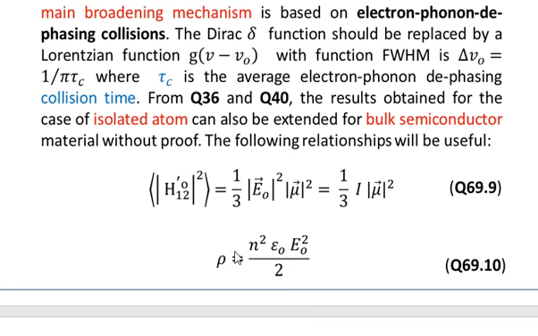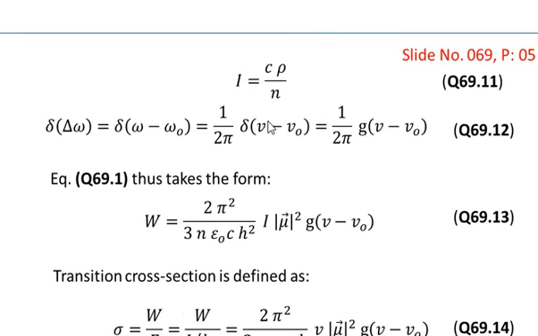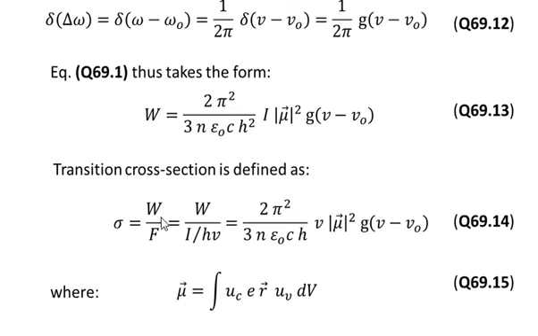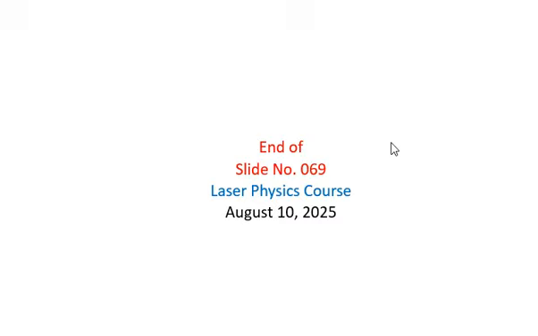And due to these, we have adopted the equations we have mentioned in slide numbers 36 and 40 for the case of semiconductor material. We have made the necessary changes, and we have derived the transition rate W expression given in equation number 69.13, and we have also obtained the transition cross section for the semiconductor material sigma given in equation number 69.14, and we have explained all the terms. So this is the end of slide number 69.